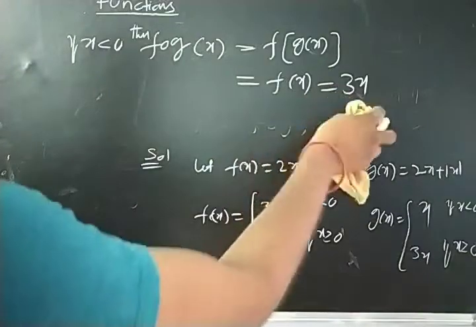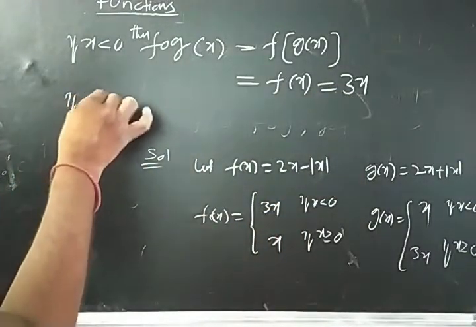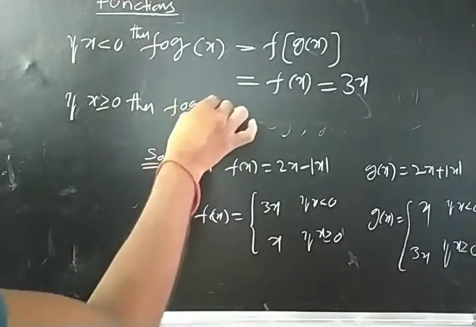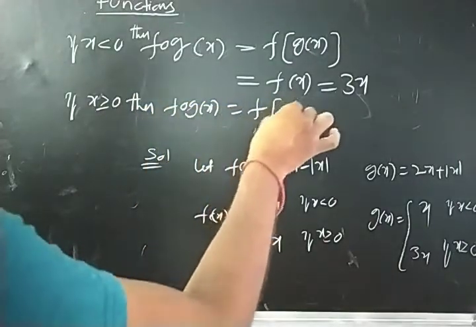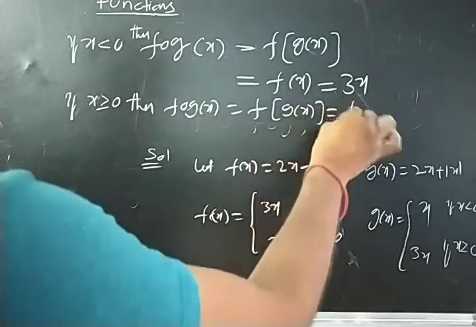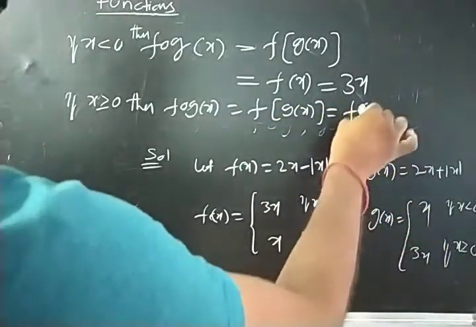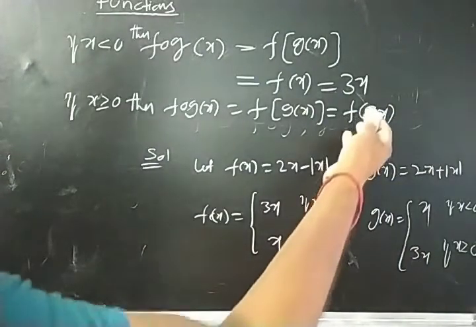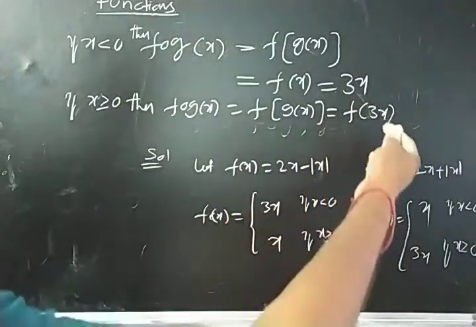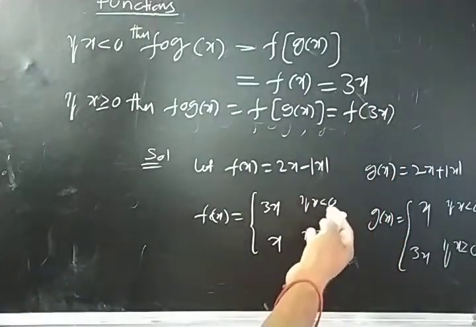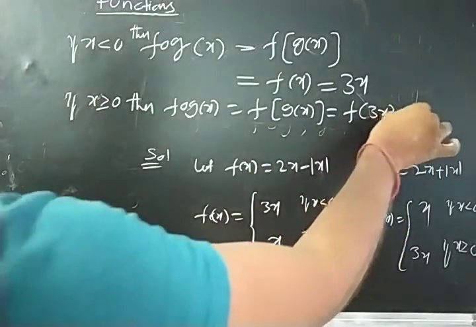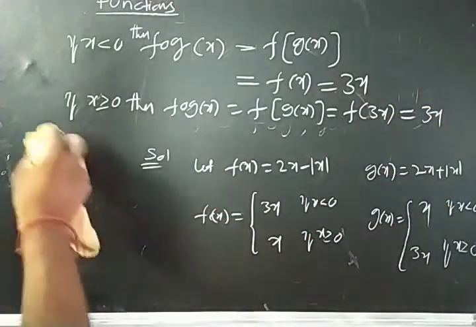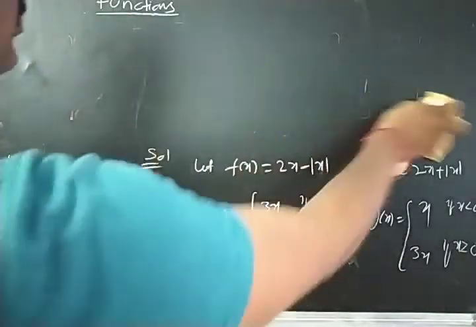Next, if x is greater than or equal to 0, then f circle g of x is f of g of x. If x is greater than 0, g of x is 3x. Now f of 3x: the definition is f of x is x, so in place of x you have to substitute 3x. So the answer is 3x. Similarly, we can find g circle f also.